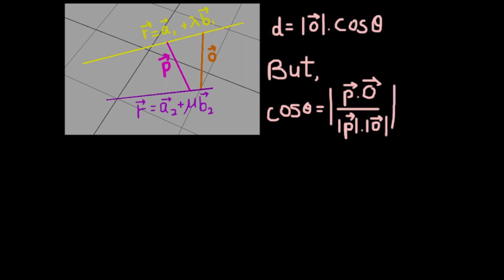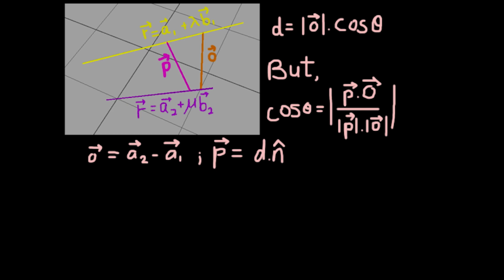That means, let's break this down first. So O is a line segment joining the two position vectors A1 and A2. So we can say that O is equal to A2 minus A1. Now P, like we said, is the shortest distance D in magnitude in the unit direction, let's call that N, of the line that's perpendicular to both L1 and L2.